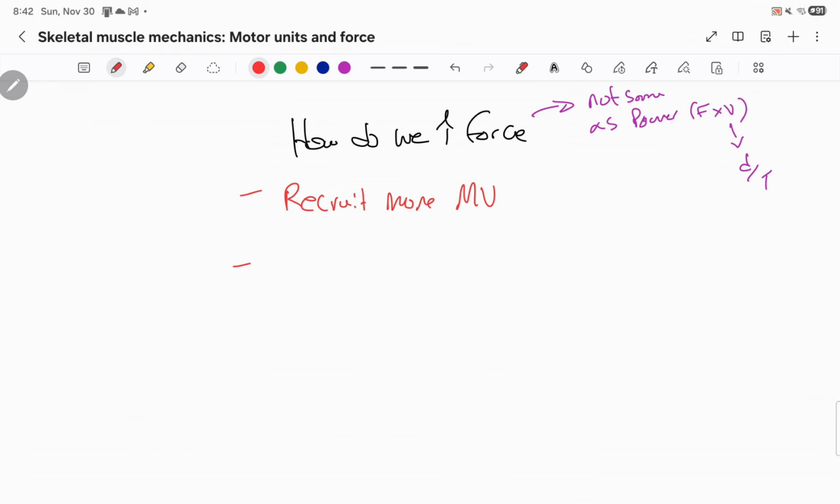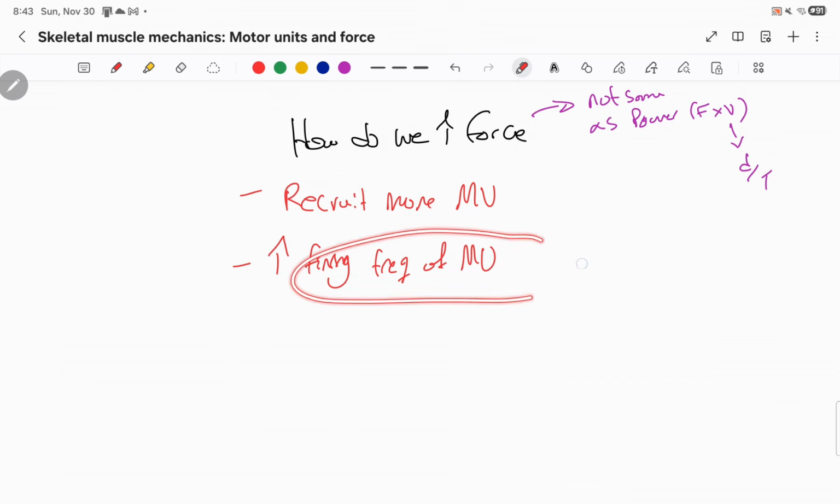The next thing we can do, instead of just recruiting more motor units, is increase the firing frequency of that one motor unit. So: increase firing frequency of motor units. What this does, and this is what we're about to look at, is it affects the individual force production from muscle fibers being innervated by that motor unit.